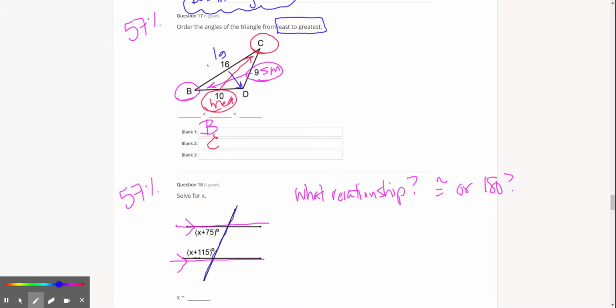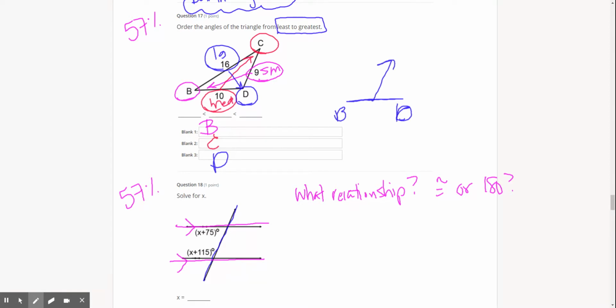And if 16 is the largest side, then D is the largest angle. You're just going across the middle of the triangle to the opposite corner. Notice that side BD is opposite angle C. So if I have segment BD, the angle opposite it is the other letter. Sometimes that helps a little bit.